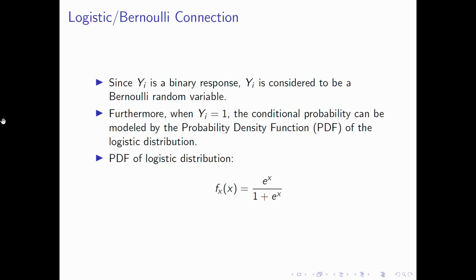So since yi is a binary response with form 1 and 0, yi can be considered to be a Bernoulli random variable. So when yi equals 1, the conditional probability is easily modeled as the probability density function of the logistic distribution.